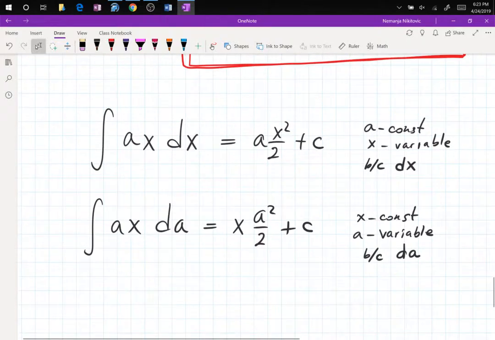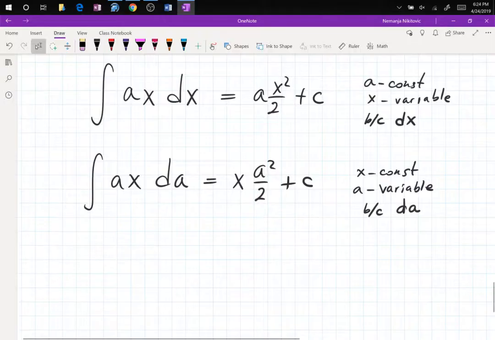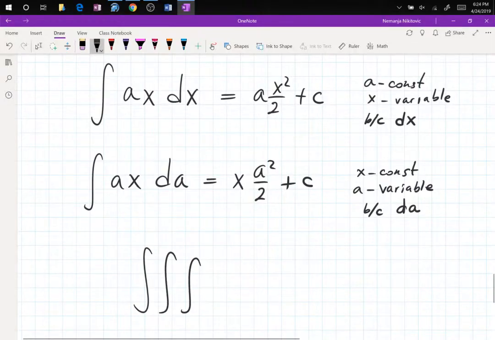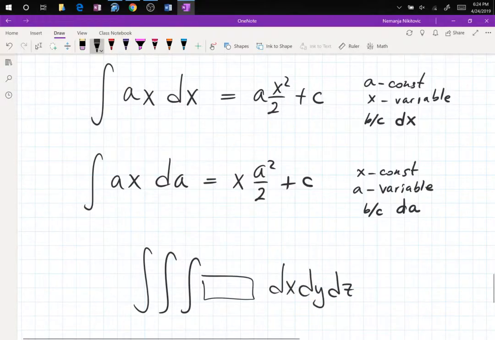The first time this is going to hit you very hard is Calculus 3. In Calculus 3, you have three-dimensional integrals, triple integrals, double integrals, and all these kinds of things. When you write a triple integral, and you have some kind of function in here, dx, dy, dz will tell you which integral belongs to which variable.